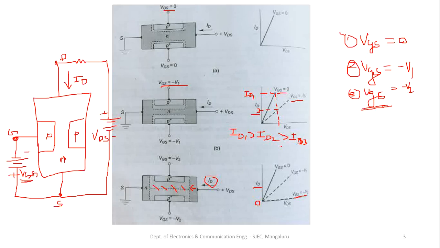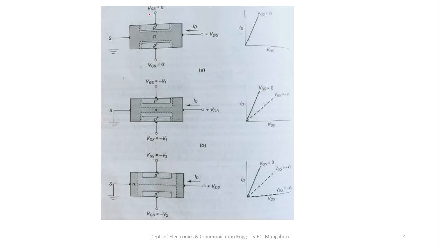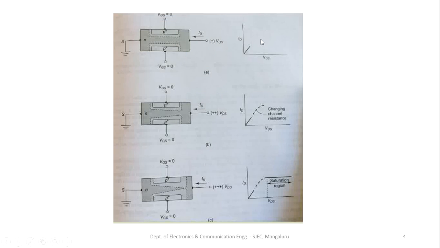Next, we'll consider the case when the gate to source voltage VGS is kept constant, and VDS is increased. Similar to the previous case, we have the terminals. Here we'll just consider the cross-section view of the N channel transistor. So we have the P terminals, and then we have the drain and the source terminal.